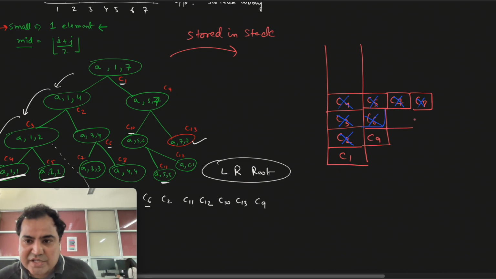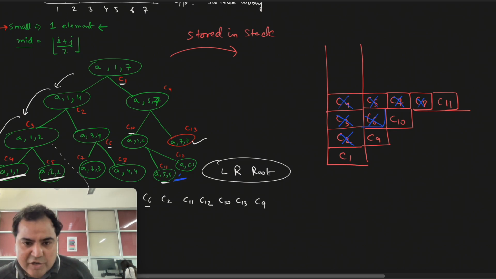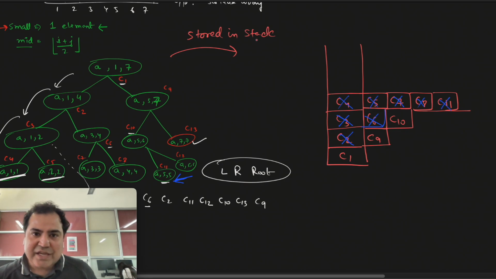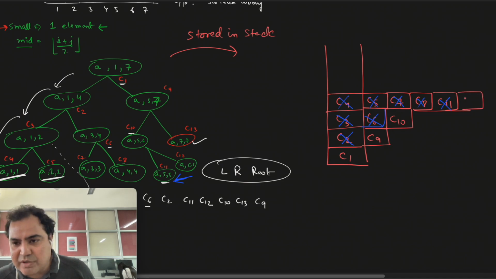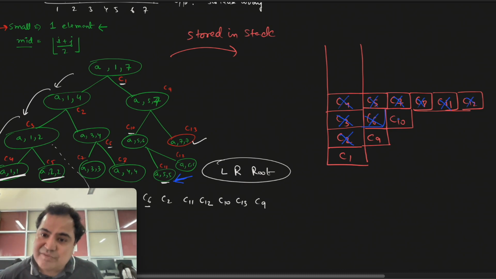C9 requires C10 to get evaluated, and C10 requires C11. C11, since it has only one element, gets evaluated, and then C12 comes into the stack and is also evaluated as soon as it arrives. Since C11 and C12 got evaluated, C10 will pop out.